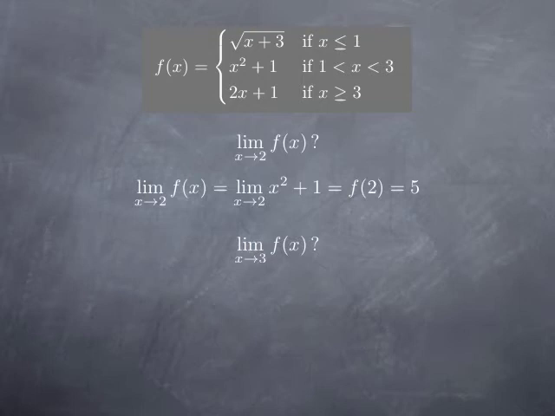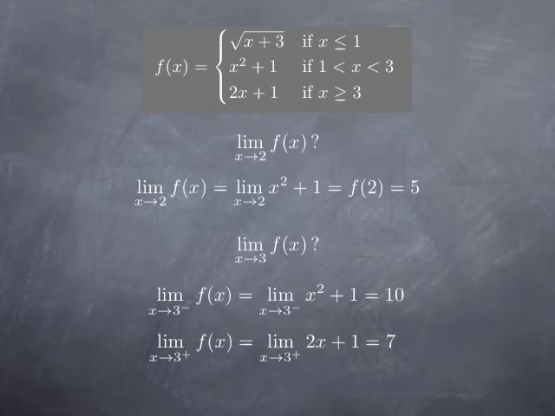Therefore, we need again to use one-sided limits. At 3 from the left, when x is less than 3, f of x coincides with the function x squared plus 1, and therefore the limit is the limit of x squared plus 1 at 3, which is 10.